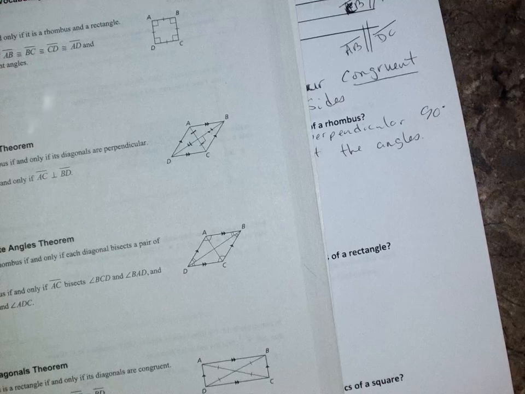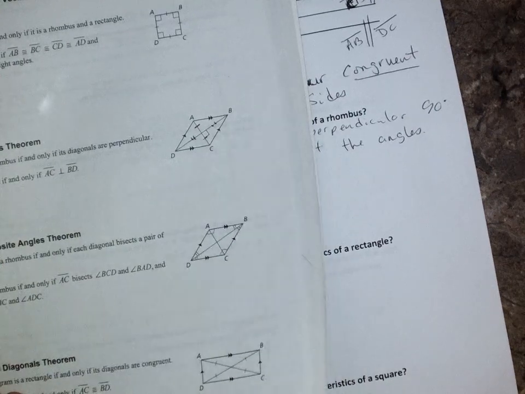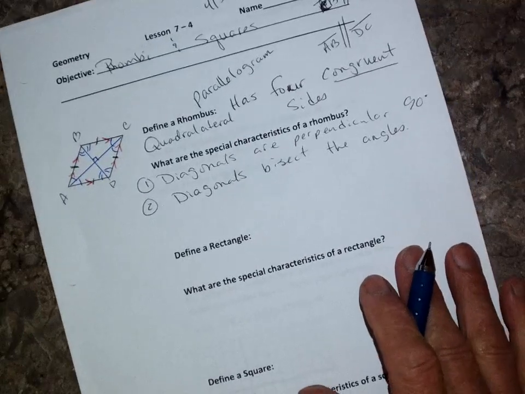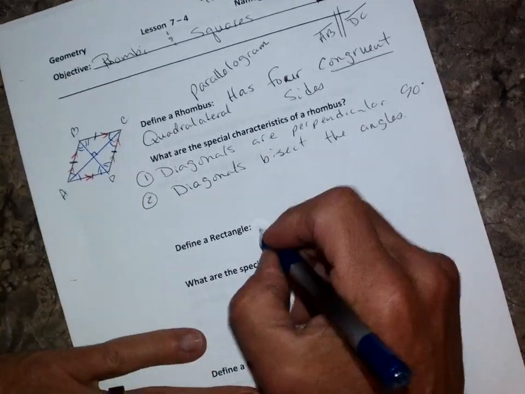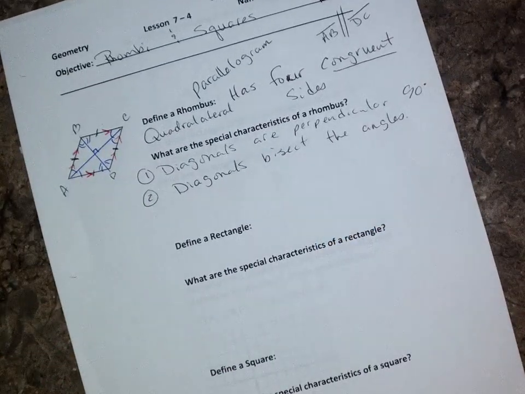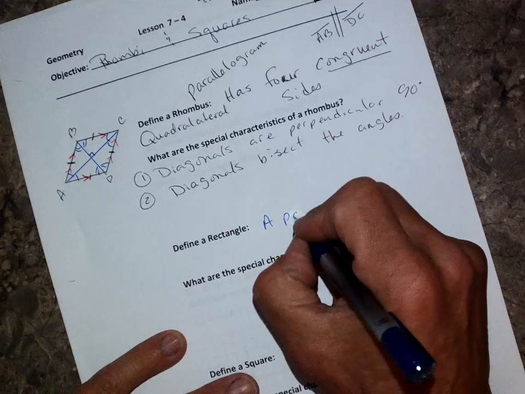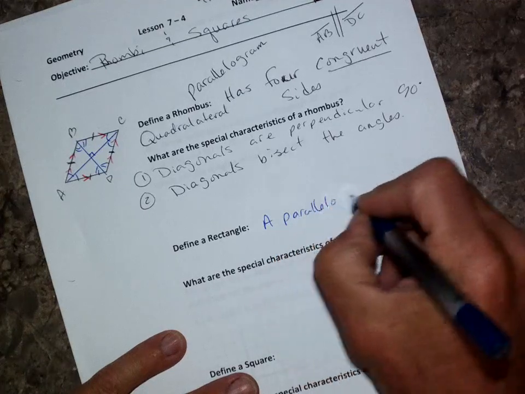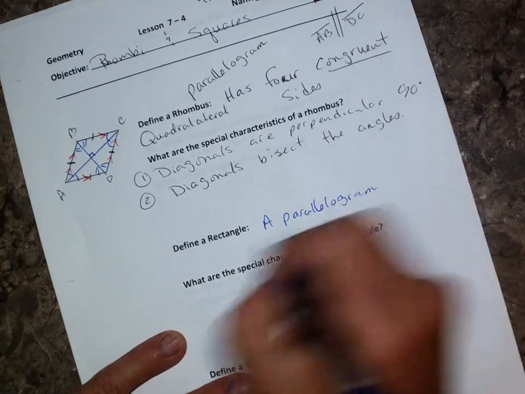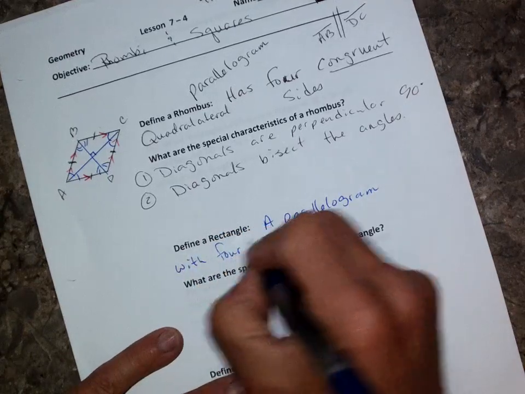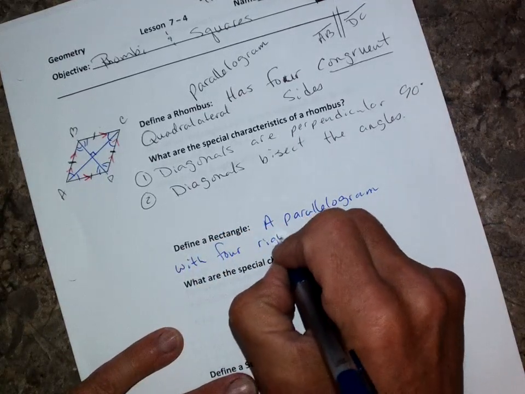Now a rectangle is different. So that's a rhombus. Now, what do we know about a rectangle? Well, a rectangle really is a parallelogram, and I can draw a picture too with my little template. First, let's go ahead and write down the definition. It's a parallelogram with 4 right angles.